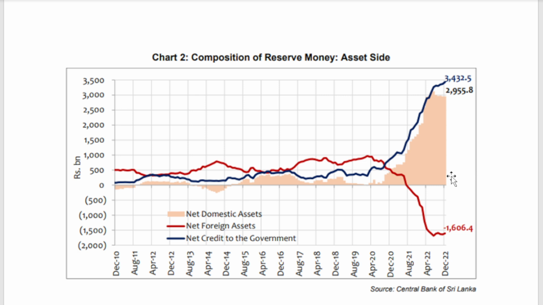Mainly, net domestic assets have been recorded as government securities, as the money printing took place by way of purchasing government securities or treasury bills mainly.